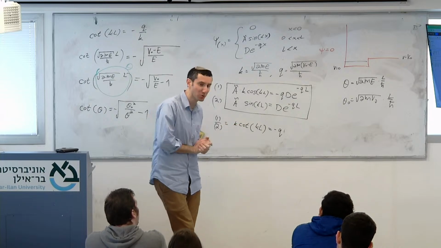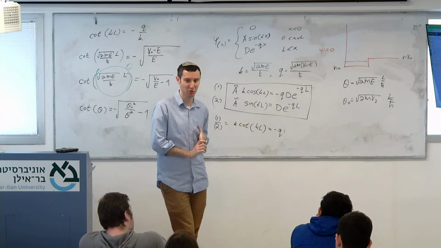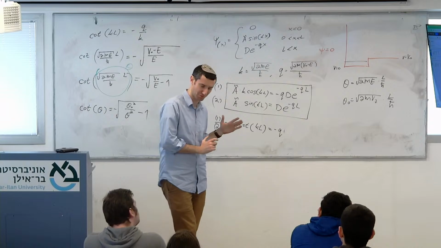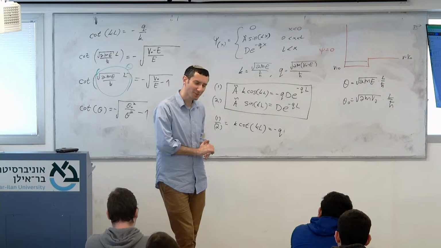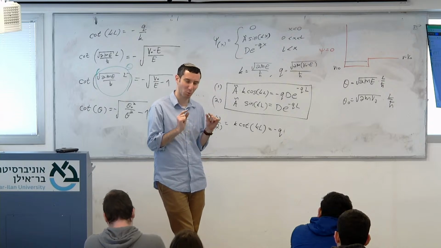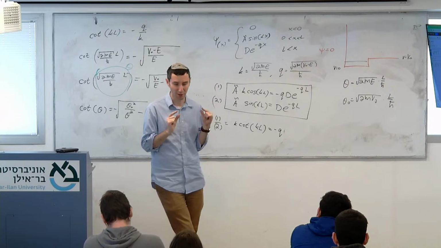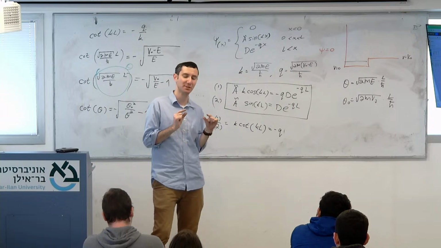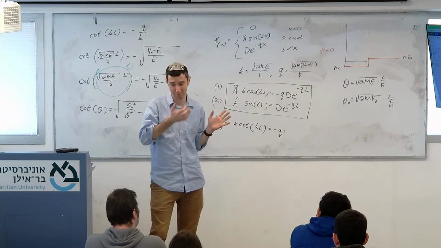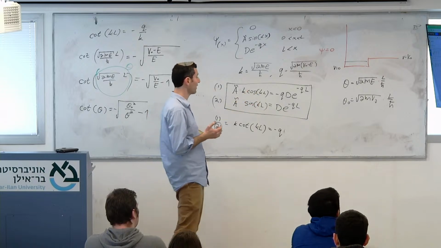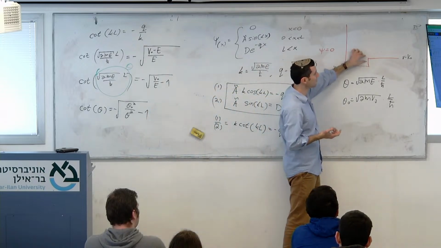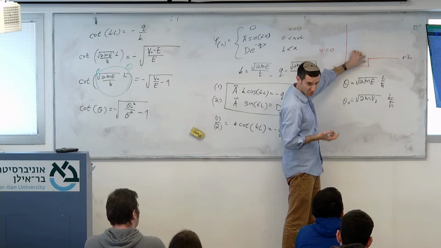Now it's quite cool to show. I wasn't planning on showing it because, for some reason, I imagined that Richard showed it in class: that if the well is finite on both sides, then you for sure have at least one bound state. Meaning here there are cases where, if this thing is too shallow, there are zero solutions, right?